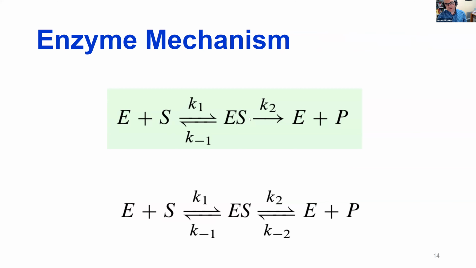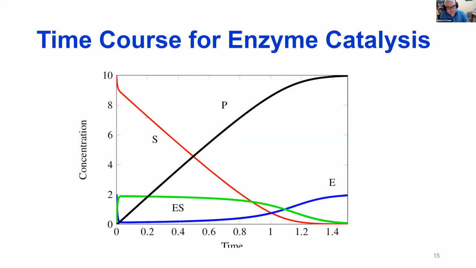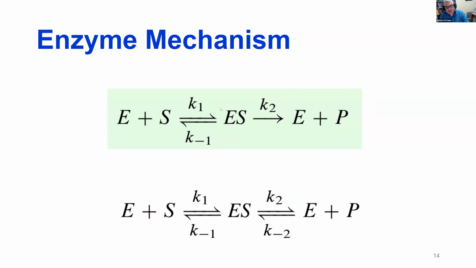The other assumption we can make is that the system approaches some kind of quasi-steady state where ES is relatively constant. Although S and P are changing, ES appears to be in some sort of steady state. We call it a quasi-steady state because not all components are at steady state, but ES appears to be pretty steady. And so those are two assumptions we can make.